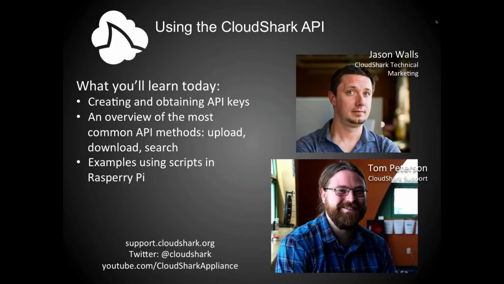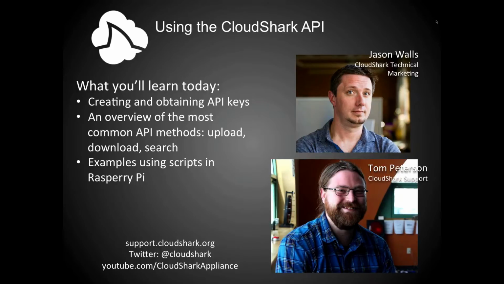If you have a CloudShark Online account or you have a copy of CloudShark Enterprise, you have full access to our API. So we're going to show you the three most basic ones, and that will give you an overview of the general structure of all of them. And I'll show you how to get your API key and how to make new ones. And there's various settings that you can adjust when it comes to that.